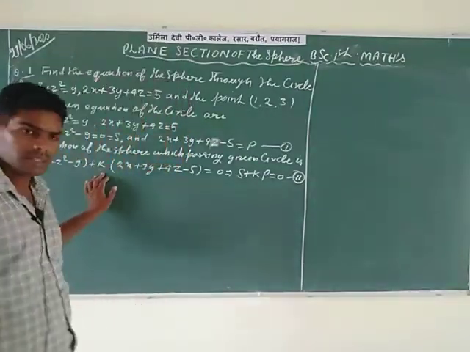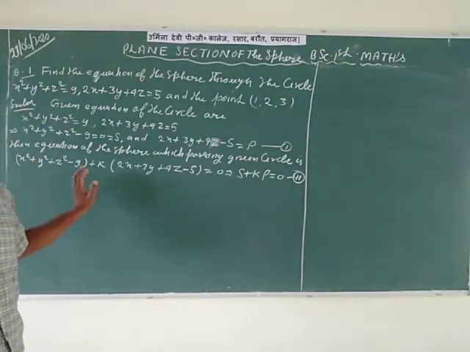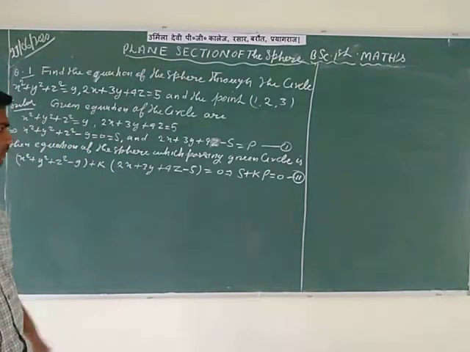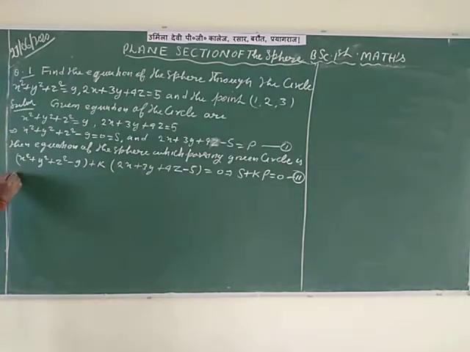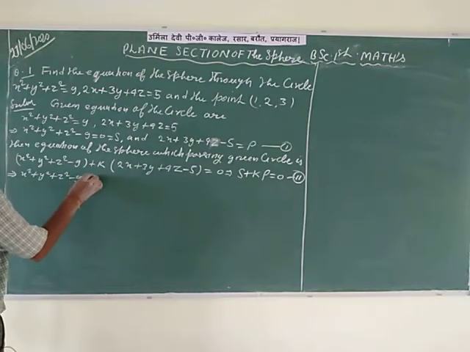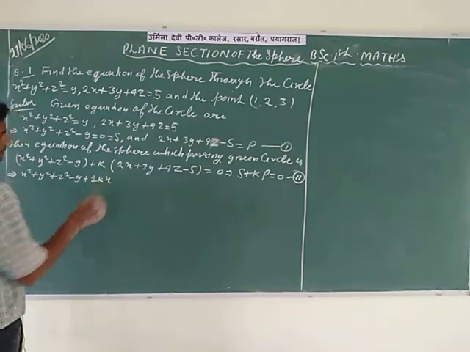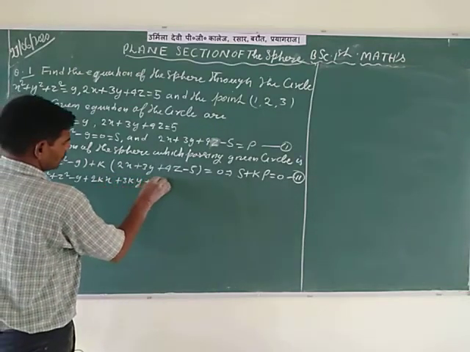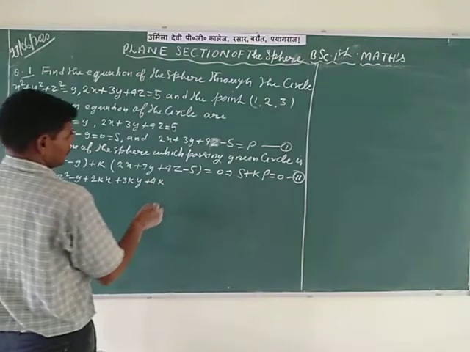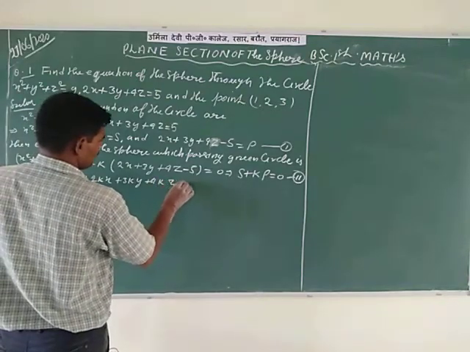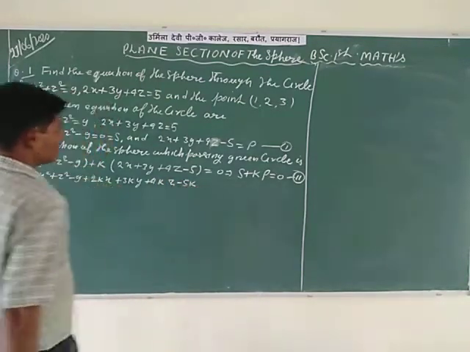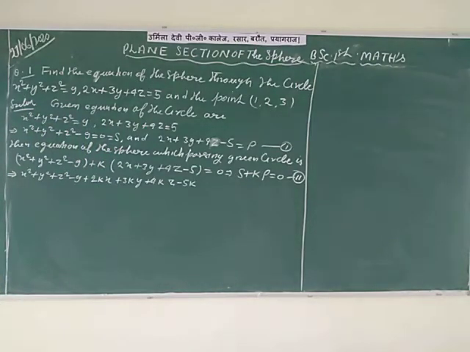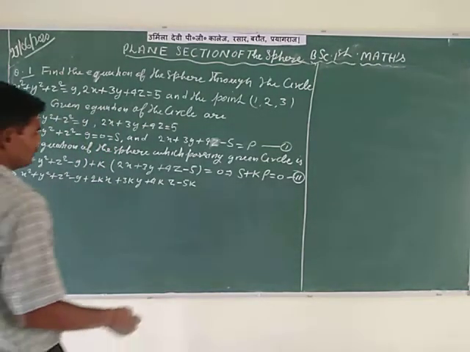This equation, after simplification, you know is represented as a sphere equation. So please simplify this equation: x square plus y square plus z square minus 9 plus 2kx plus 3ky plus 4kz minus 5k is equal to 0.